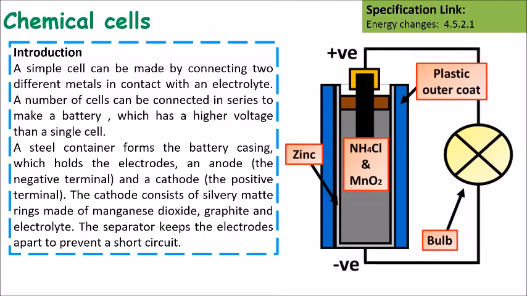An anode and a cathode are on opposite sides. The cathode consists of a silvery mat of rings made of manganese dioxide in some cases, graphite and an electrode. The separator keeps them apart to prevent any sort of short circuit.